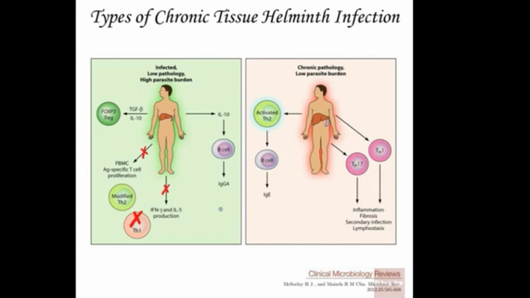And often it's the reaction of the immune system that causes the problem, not necessarily the living of the parasite in the human host, unless, of course, there are so many parasites or the parasites are so large that they can actually block physiological function.